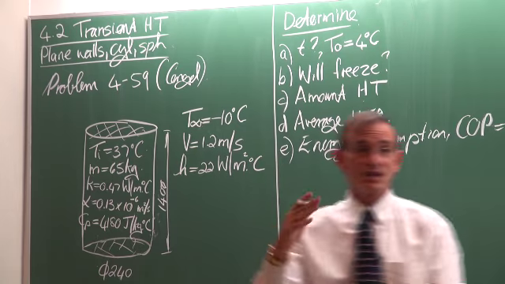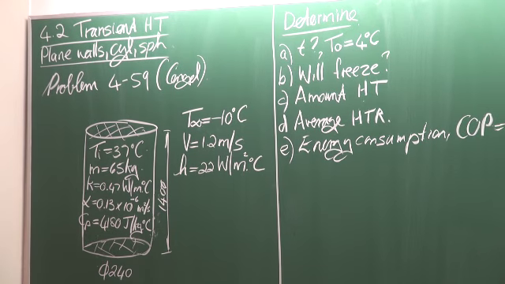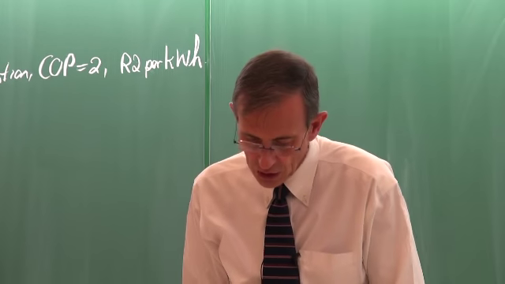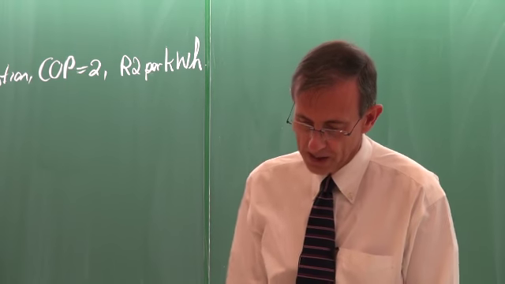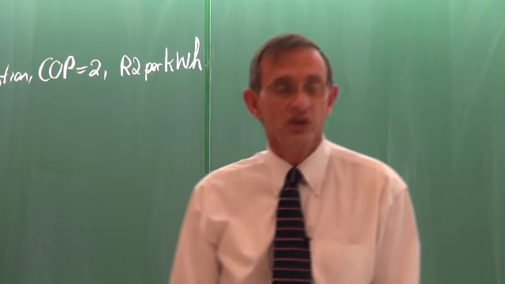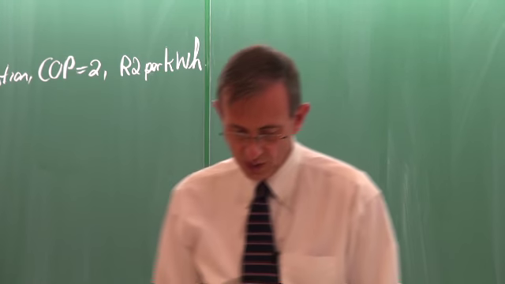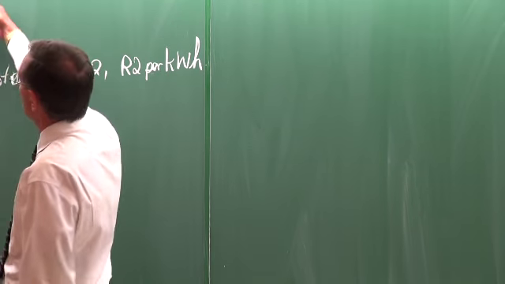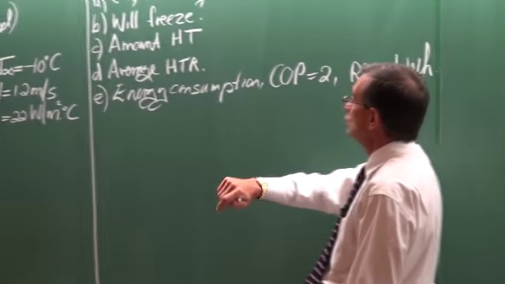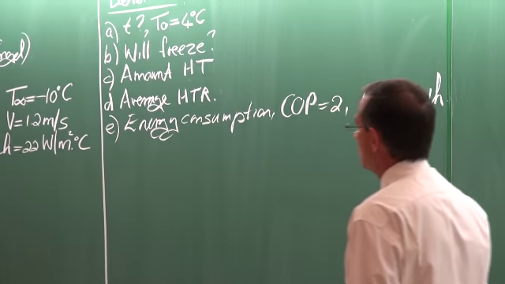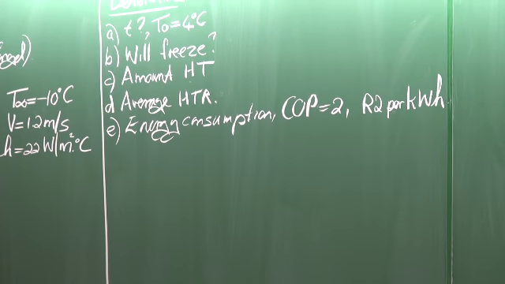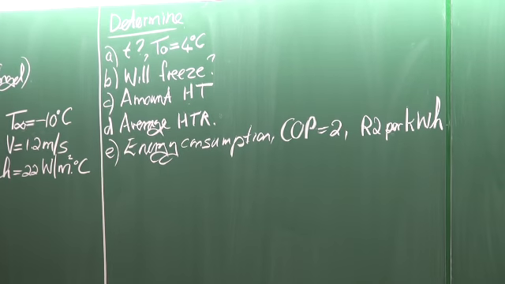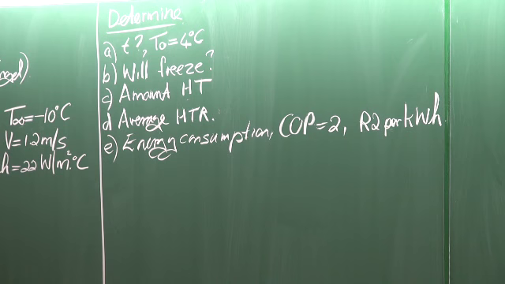Obviously an assumption so that we can make sure we've got one-dimensional heat transfer. Determine how long it will take for the center temperature to drop to 4 degrees Celsius. Also determine if any part of the carcass will freeze during the process. Then, in addition, the amount of heat transfer, the average heat transfer rate, and the energy consumption with a refrigeration system COP of 2 and at a cost of R2 per kilowatt hour.